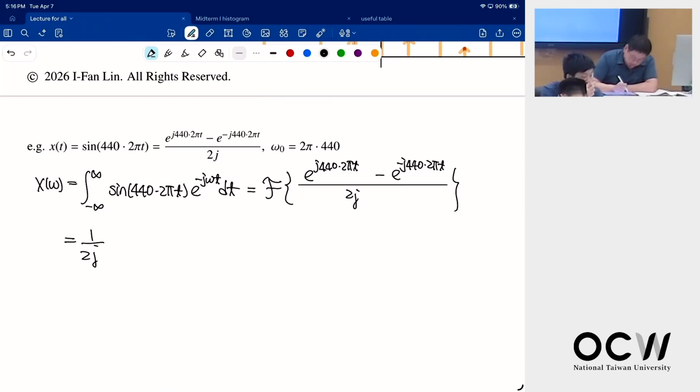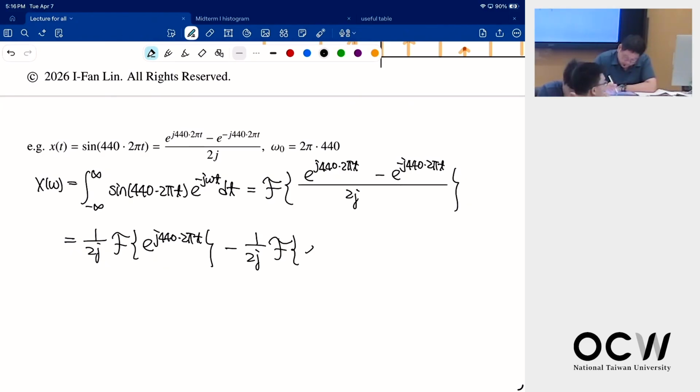So by the linearity, first term, e to the j 440 times 2 pi t, and then the second term, the Fourier transform of e to the minus j 440 times 2 pi t.